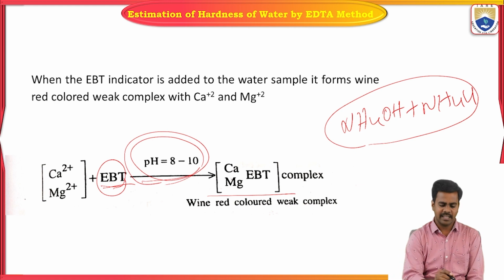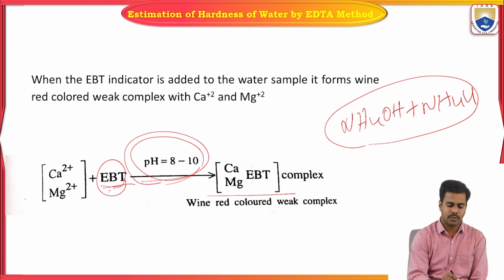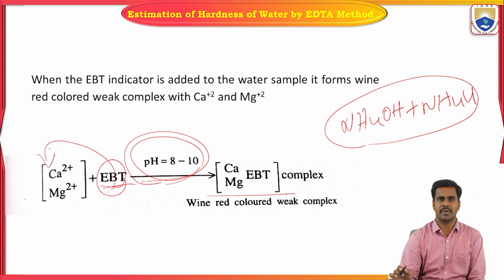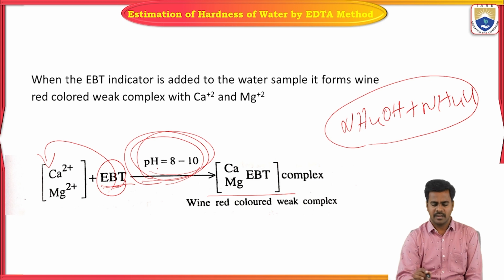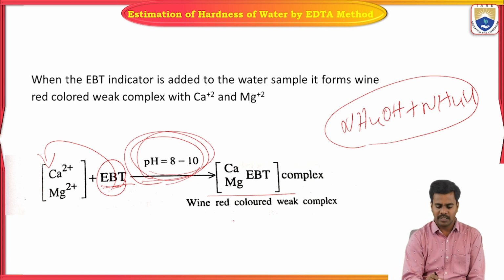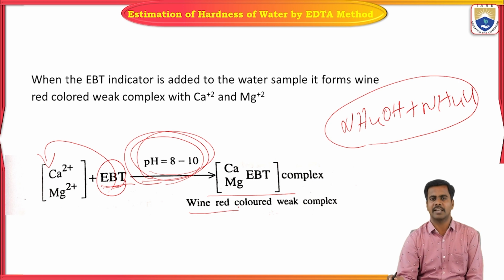So, when you add EBT to the solution which contains calcium and magnesium ions at pH 8 to 10, the EBT can bind with the calcium and magnesium ions present in the solution. The color of the solution is wine red.